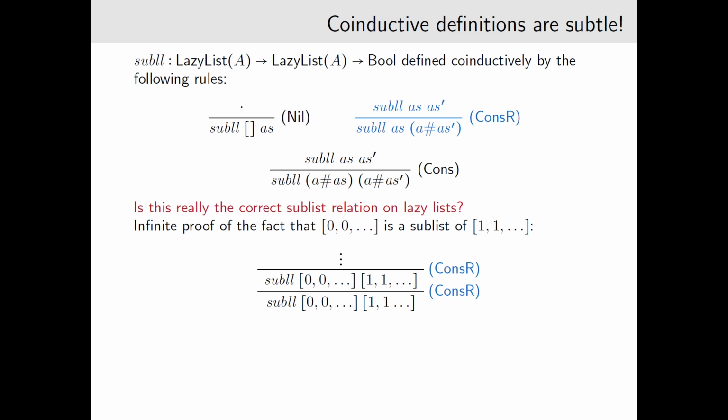So one way to fix this, and please take it as an exercise, would be to add clocks. You add a tick here. You say, I want to apply this rule only a finite number of times consecutively. You can apply it an infinite number of times in the infinite proof, but consecutively only a finite number of times, which means that eventually, always eventually nil or cons should appear.